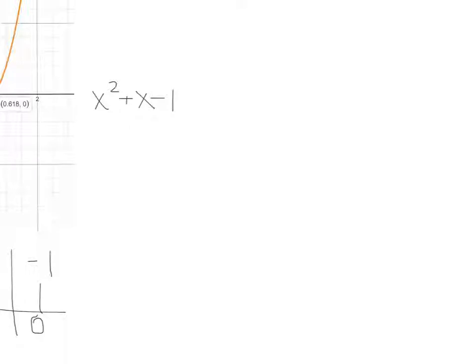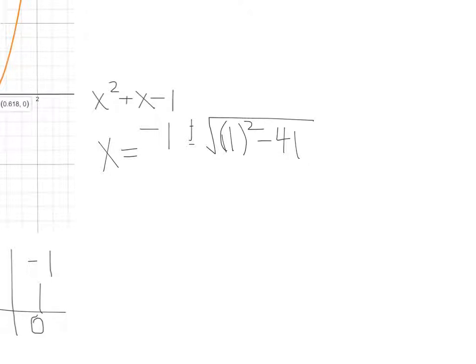So when we plug it into the quadratic formula, we get x equals negative 1 plus or minus the square root of 1 squared minus 4 times 1 times negative 1, all over 2 times 1.